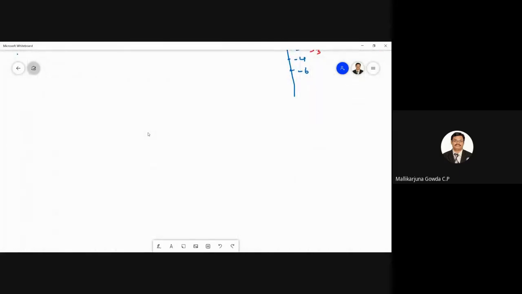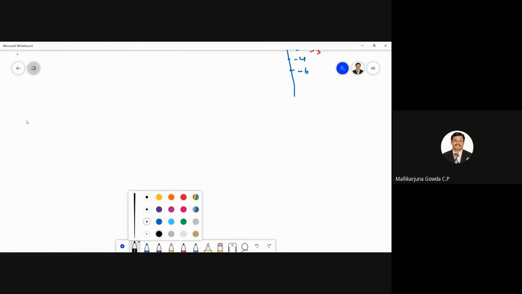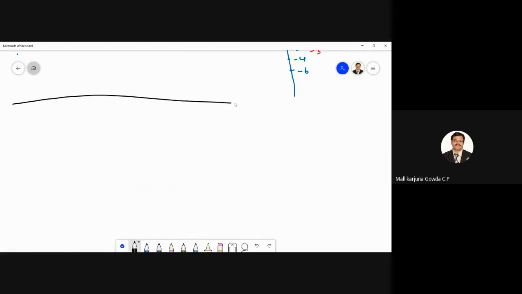Okay, so I will not dictate the sentence. I mean, I will not write the sentence. I will just say it and you note it down. I will just draw the signals. Okay, so this is my example 3. Let me write the signal first. Please all of you note down with me.